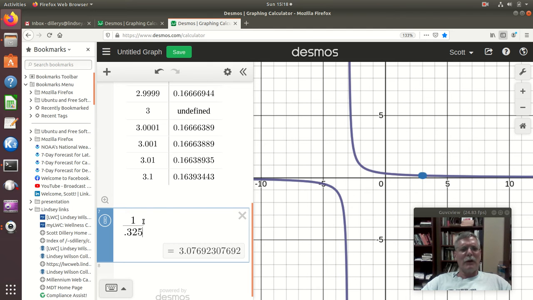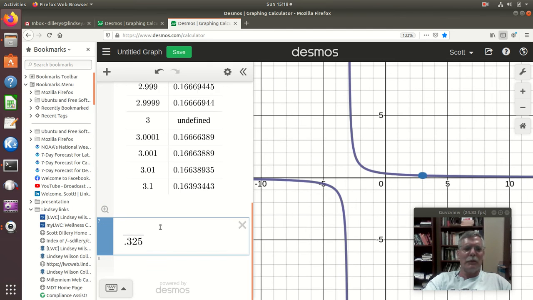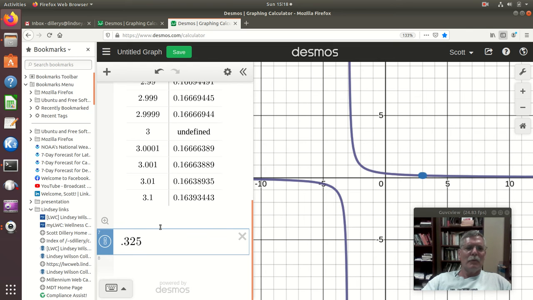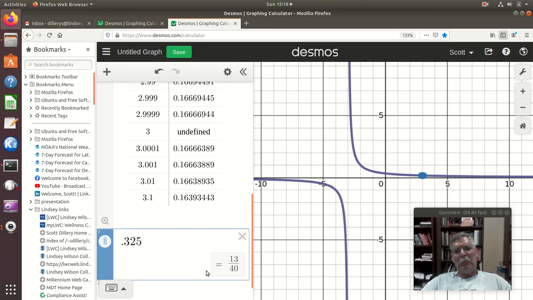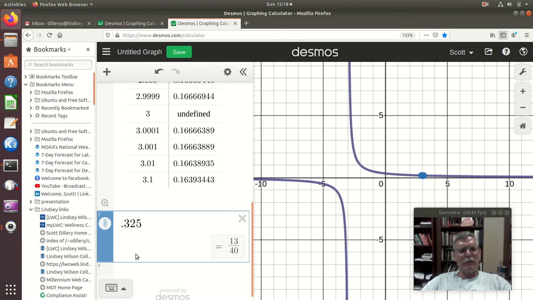That's the problem with trying to do things on the fly, but let's do that. 325, 13 over 40. Now that is exact, so that wasn't quite it. Oh, I think I want 3125. Yeah, there we go. 5/16.